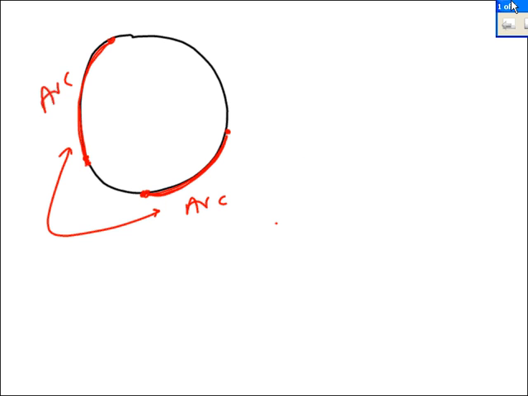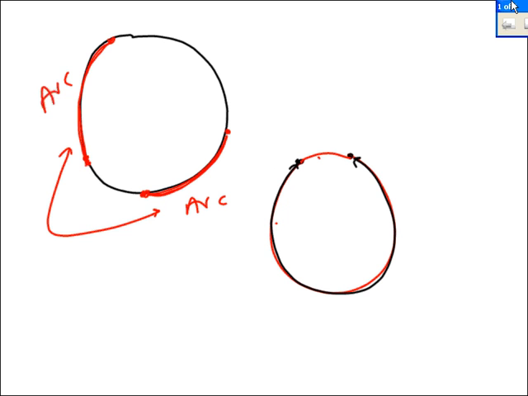Again, you have a circle. Pick any 2 points on the circle. Go from 1 point to the other. That's an arc. Let me draw it again. So what's in black is an arc.